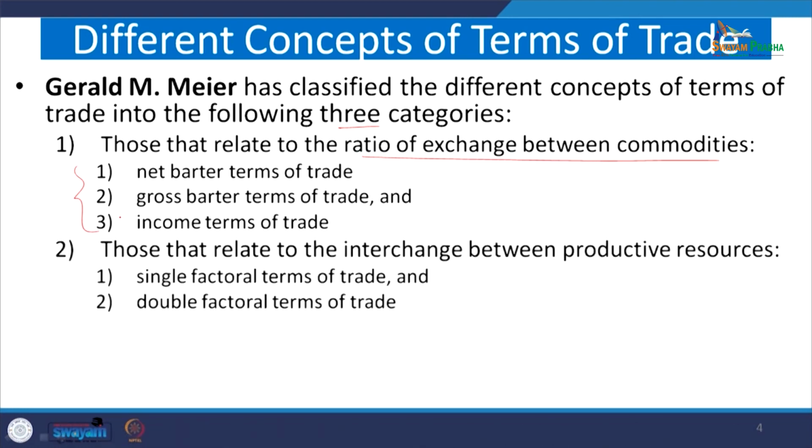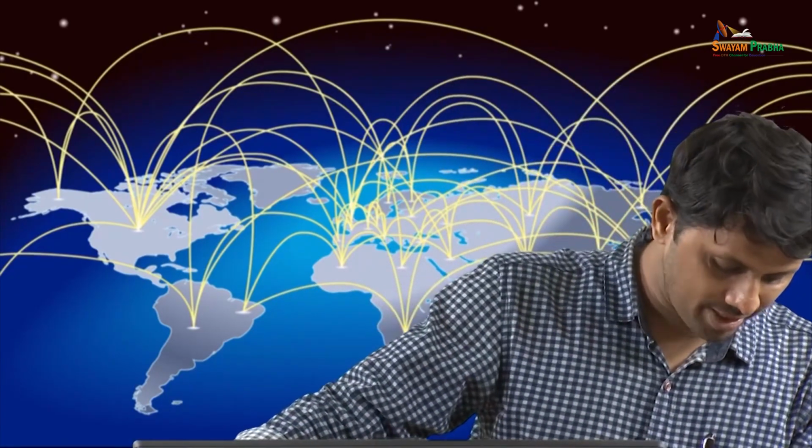The second set of argument in measuring terms of trade suggested by Mayer is due to the interchange between productive resources. So, what do we mean by productive resources? It is related to whether the factors that are involved are productive or not, whether one factor is productive or both are productive.